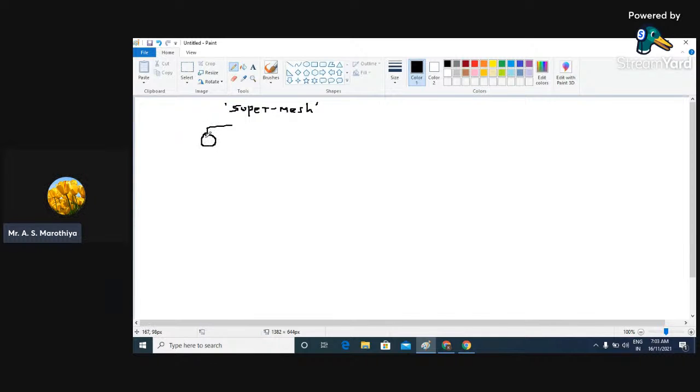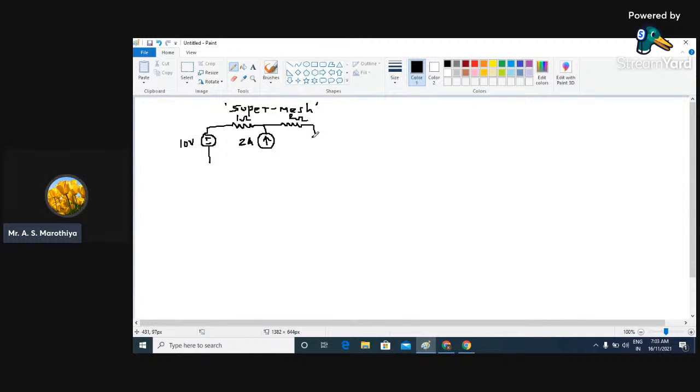Here we have an active element, say plus, minus, and the magnitude of this active element is 10 volt. Somewhere out here we have a passive element of value 1 ohm, and here we have another active element, a current source of magnitude 2 ampere, and then here we have a resistor of value 2 ohm.